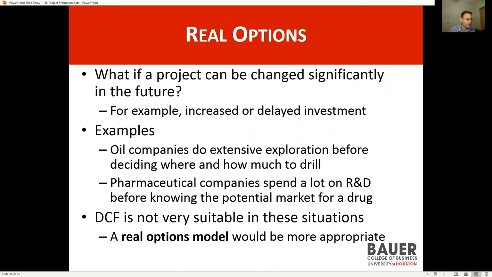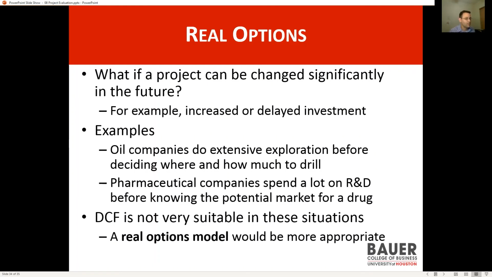Likewise, with pharmaceuticals, they spend a lot on R&D before they go through the FDA approval process. The FDA approval process is very expensive, so you don't do that for every drug that you see. You do a lot of smaller investments in R&D first, and then depending on how those pan out, you decide to go through the FDA approval process.